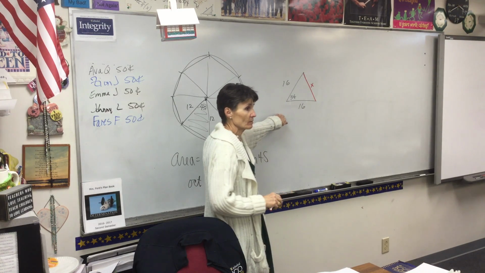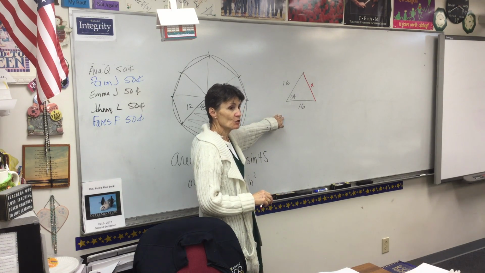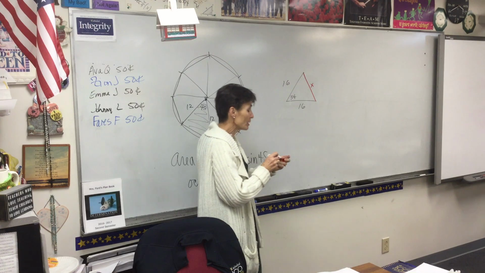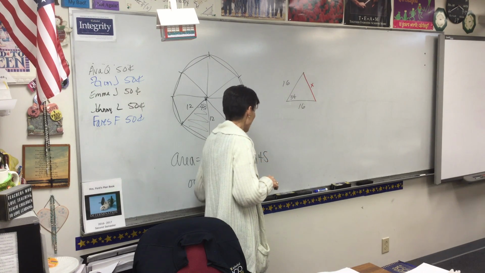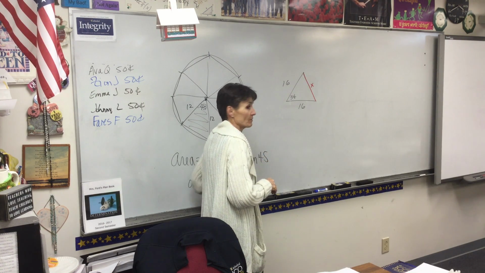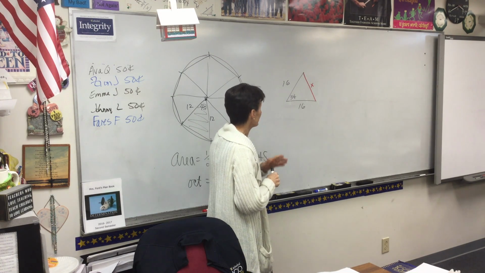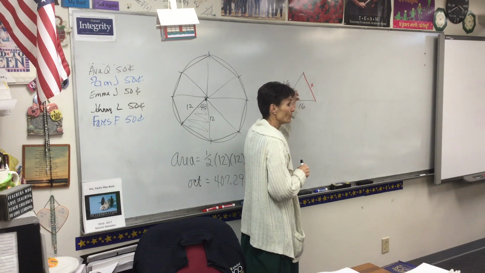You have a triangle here, and your job is to find that side. Exactly. You're going to use the law of sines or the law of cosines, whichever one's appropriate. And when you look at this given, I don't think we have a set, do we?